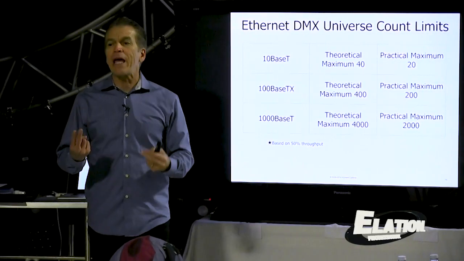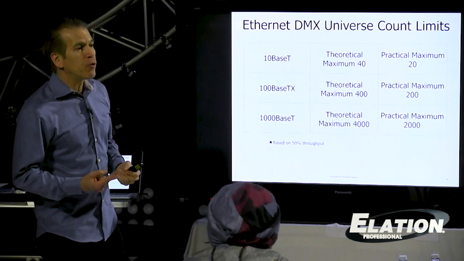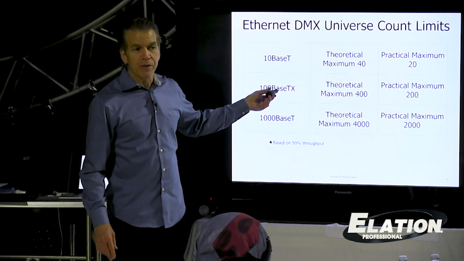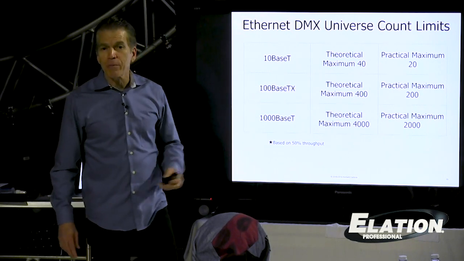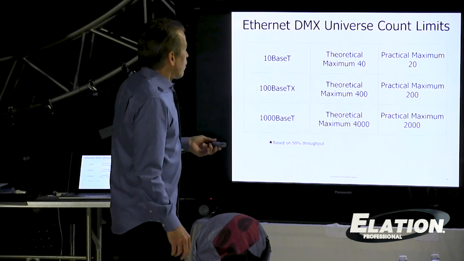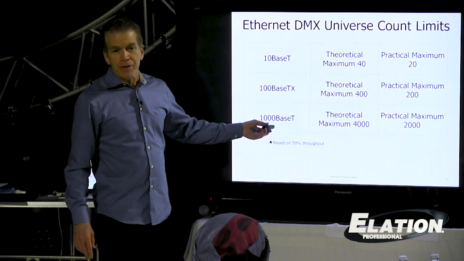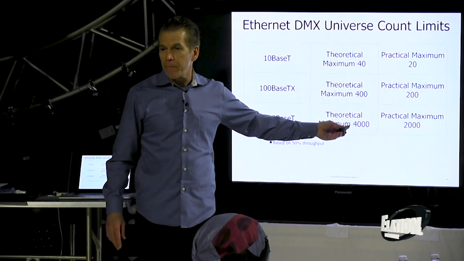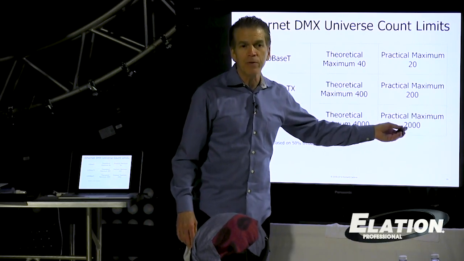When ArtNet 2 came out, they allowed you to configure 255 universes of DMX because now we have 100 base TX networks. Still later, when 1000 base T came out, this is a gigabit network, then in theory, that's 4,000 universes. In practice, it's more like 2,000.